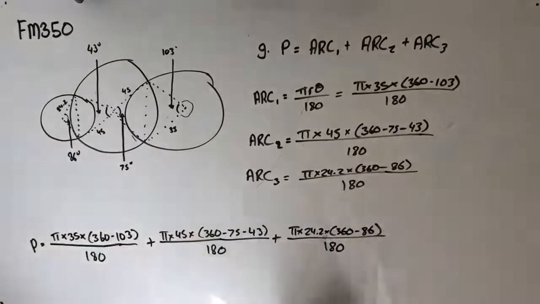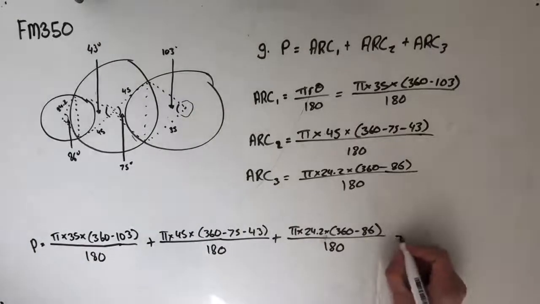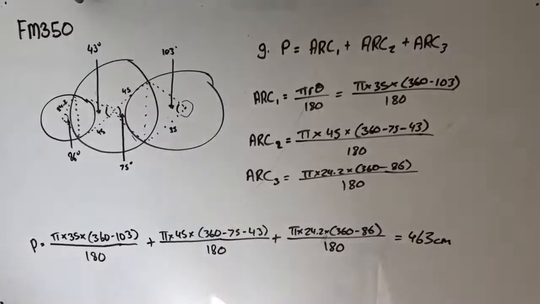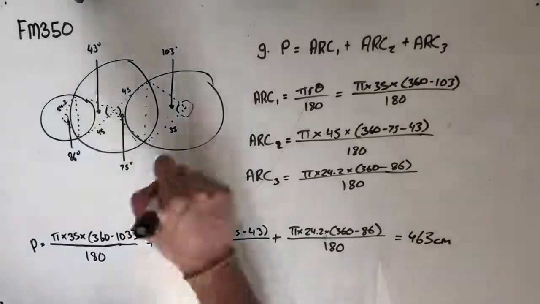Whacking all of this into a calculator and rounding to the nearest centimeter, we should get an answer of 463 centimeters for the perimeter of this Venn diagram.